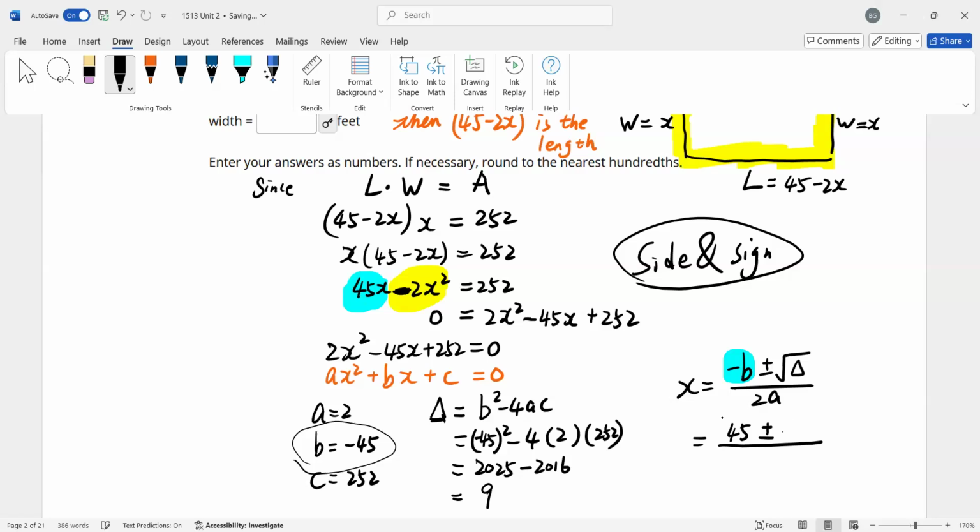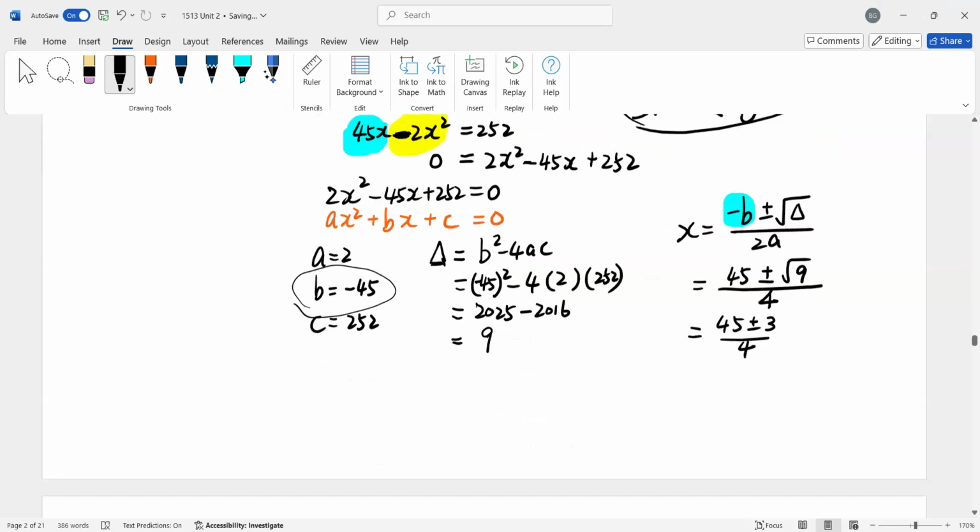And plus minus the square root of 9. Delta is found; the value is 9. The denominator is twice a. a is 2. Twice a is 4. Okay? What is root 9? Root 9 is 3. So we have 45 plus minus 3 all over 4.